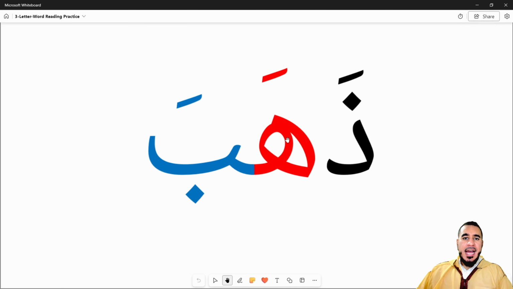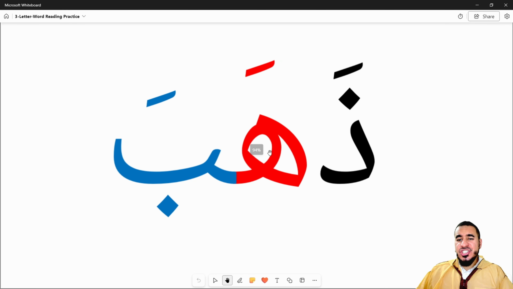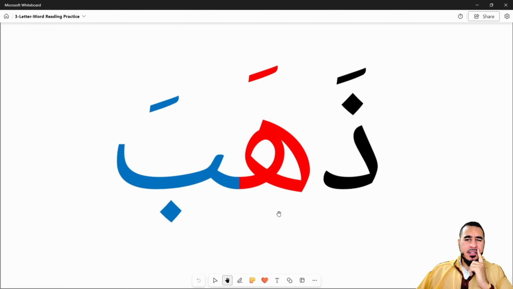Jameel. And just to quickly point out, the ha, it's at the middle of this word, okay? But the shape that it's taken on is the shape it has when it's at the beginning of a word. So now I want you to think about this before I give you the answer. Why is it in this shape and not the shape that it usually takes when it's in the middle of a word?